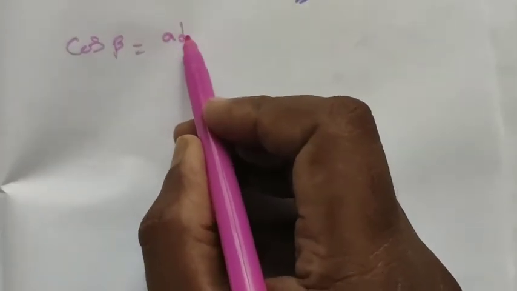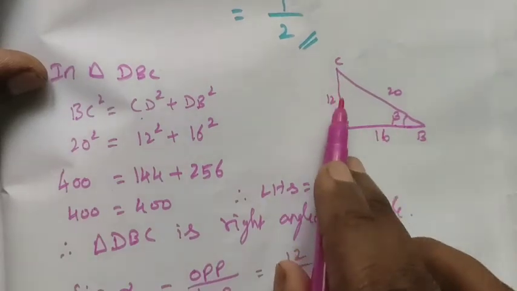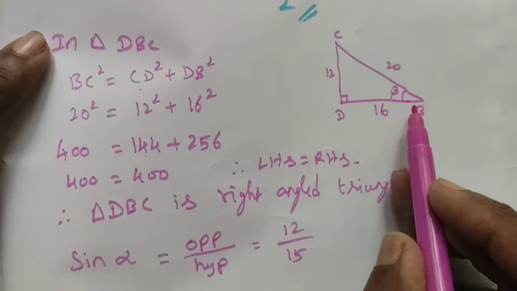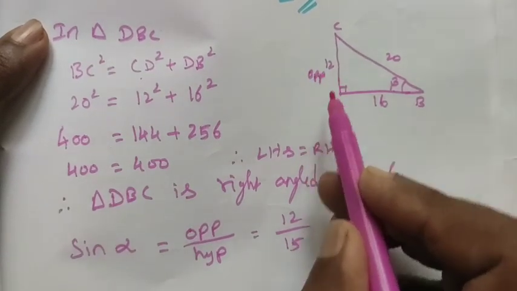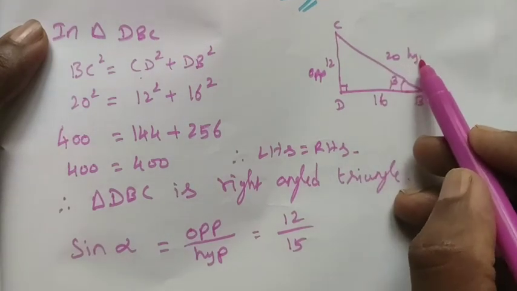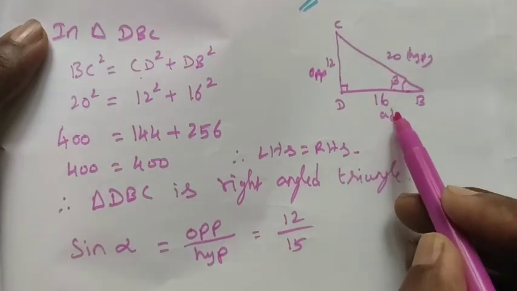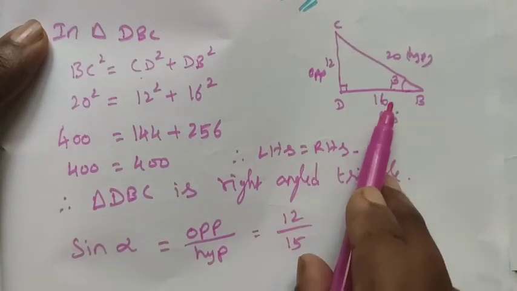We know that cos beta is equal to adjacent side divided by hypotenuse side. See the diagram, the smallest one. This is beta. Opposite to beta is the opposite side, the longest side is the hypotenuse side, and the remaining one is the adjacent side. Now cos beta is adjacent divided by hypotenuse.